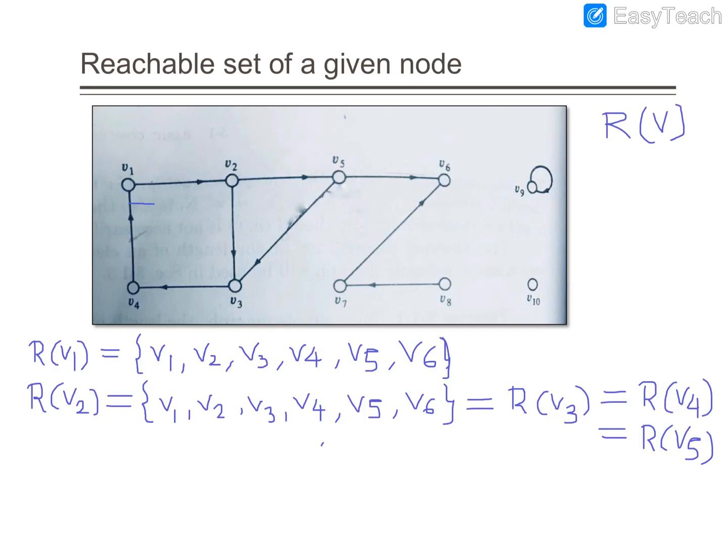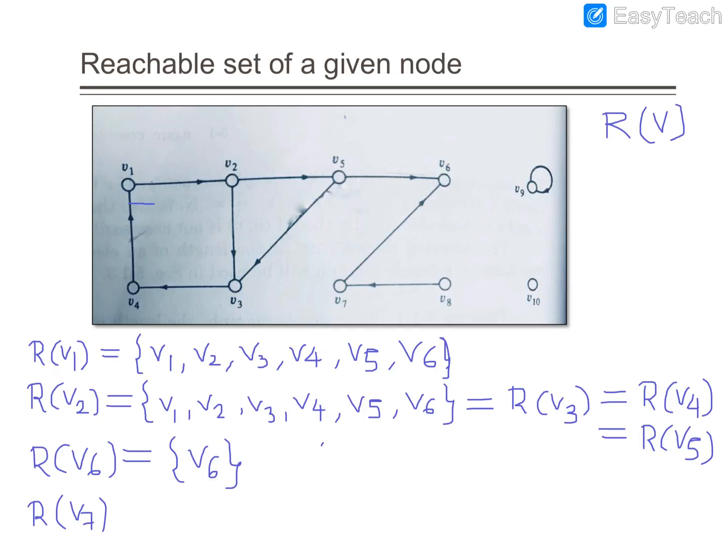V6 is not reachable to V1, V2, V3, V4, V5 as per the given graph. It is also not reachable to other vertices because of the opposite direction. Therefore the reachable set of V6 is itself, vertex V6.